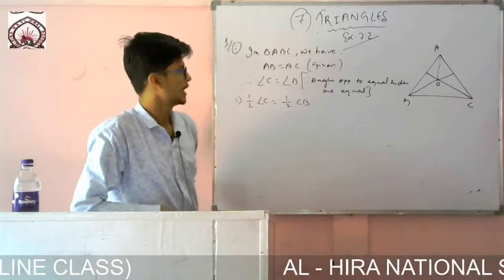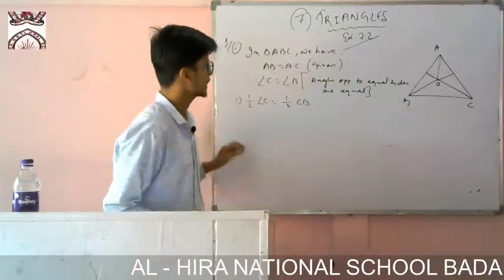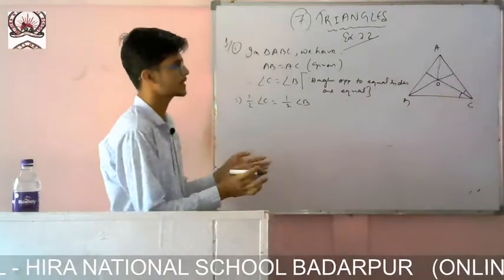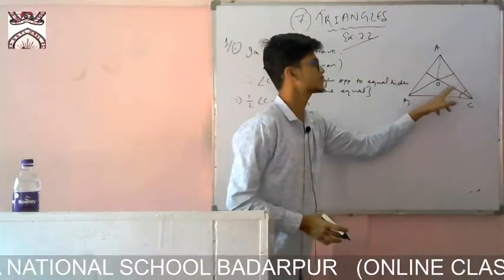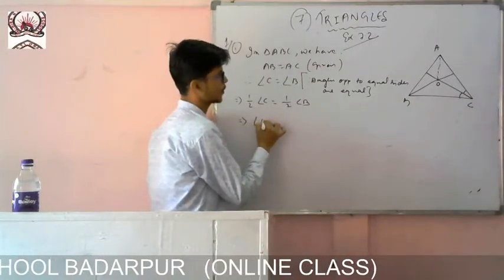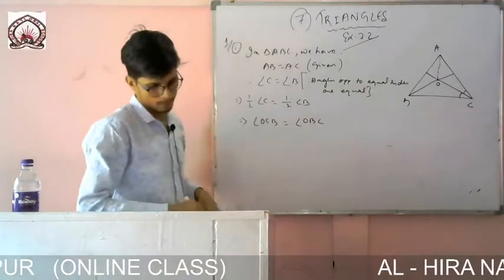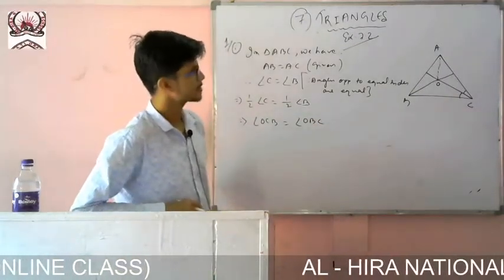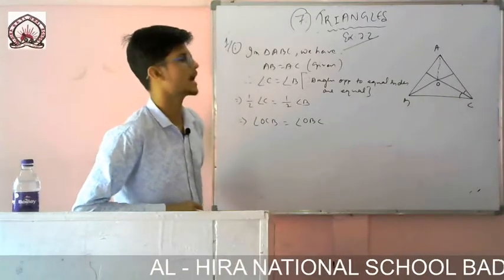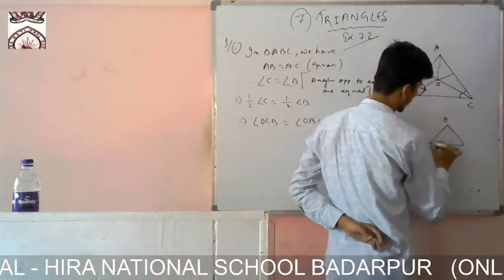So half of angle C I can write as OCB, and half of angle B as OBC. So OBC equals to OCB. Now you see one thing. If I draw this one separately, it is like this, OBC.